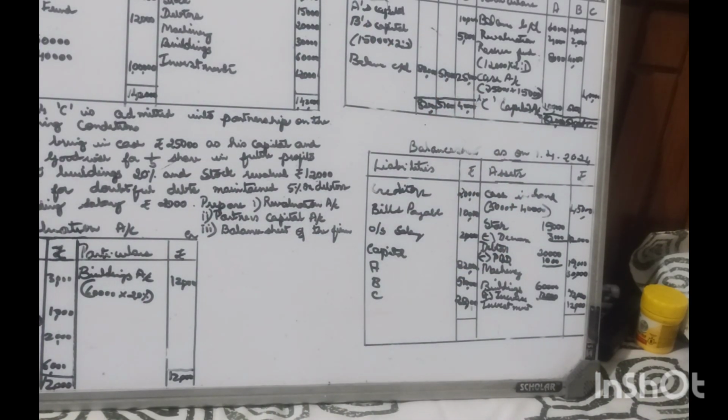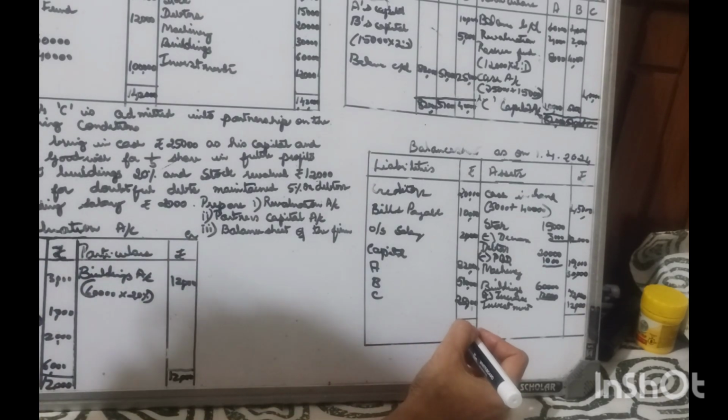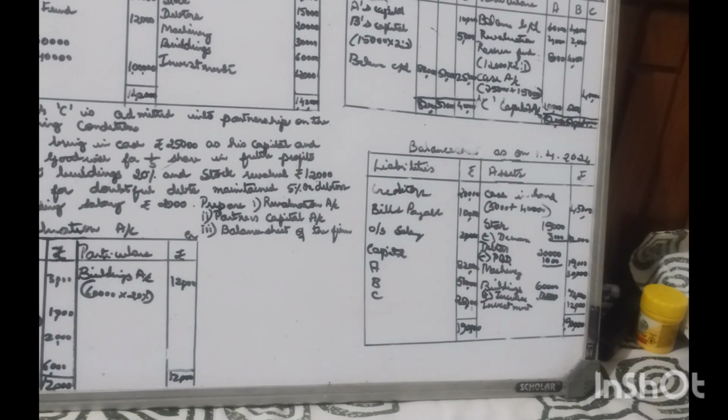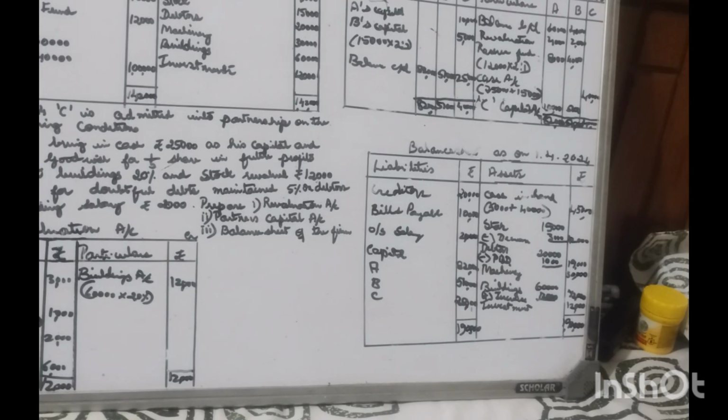Now the balance sheet has to be tallied, and the value of liabilities equals the value of assets. So that is 1,90,000. This is how we need to prepare the revaluation account, partners' capital account as well as the balance sheet, and this is a question that carries 12 marks.